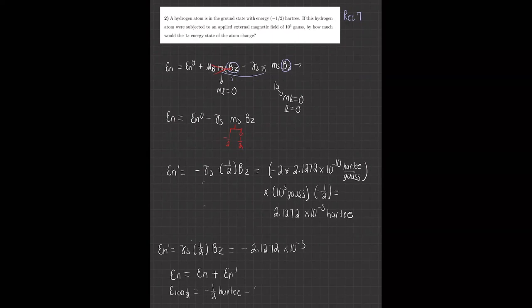And that's subtracted by 2.1272 times 10 to the -5, which is 0.50002 Hartrees if it was spin up. If it was spin down, I'll just put that on the next page.